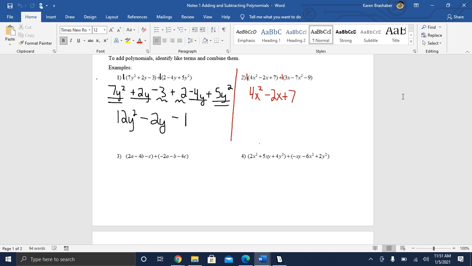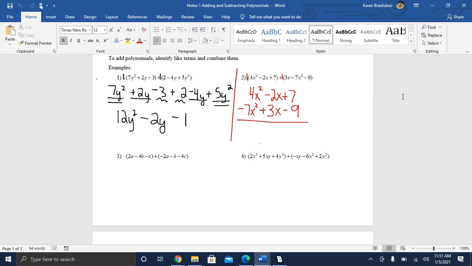So 1 times 3x would be a positive 3x, and I could line that up underneath the negative 2x. 1 times negative 7x squared would be a negative 7x to the second that I could line up under its like term. And then 1 times negative 9 is negative 9. And I could line that up under the 7.